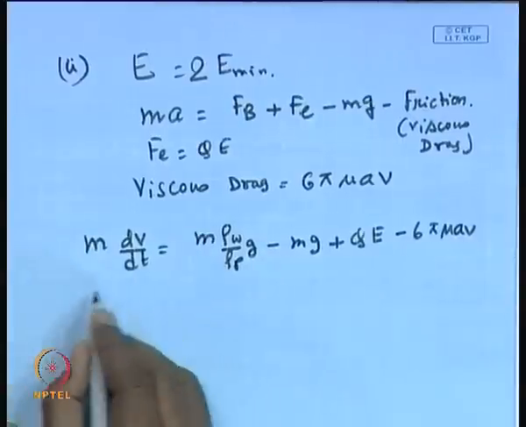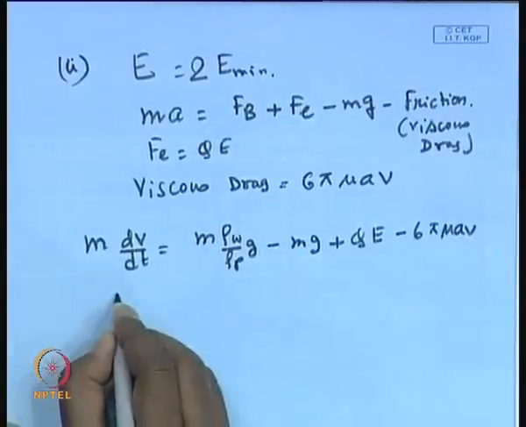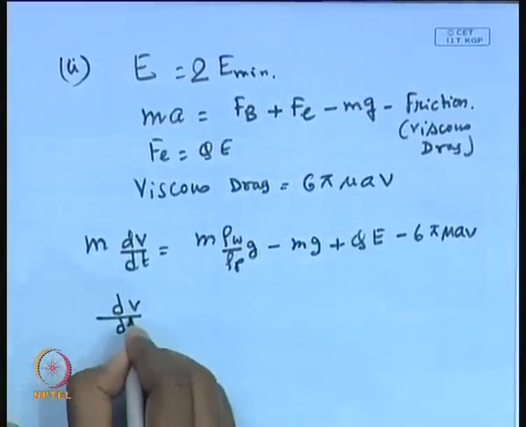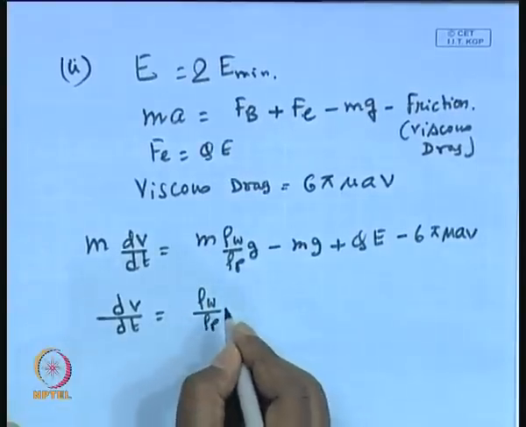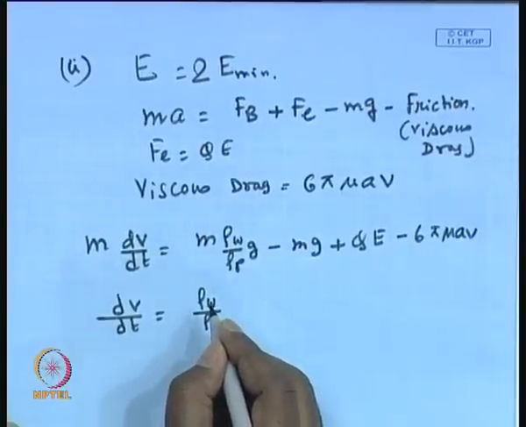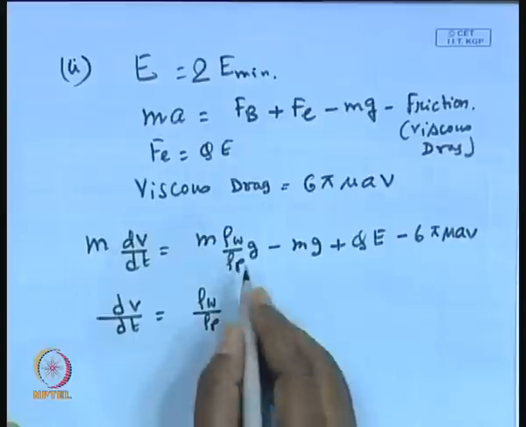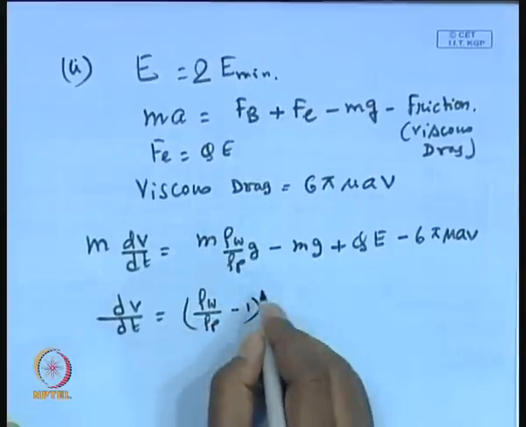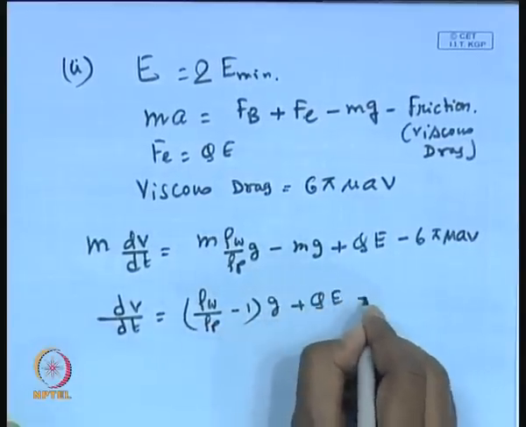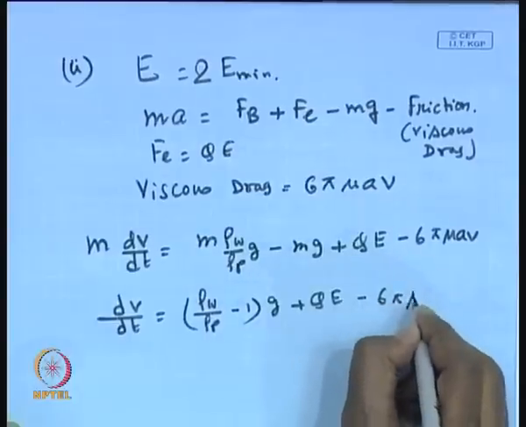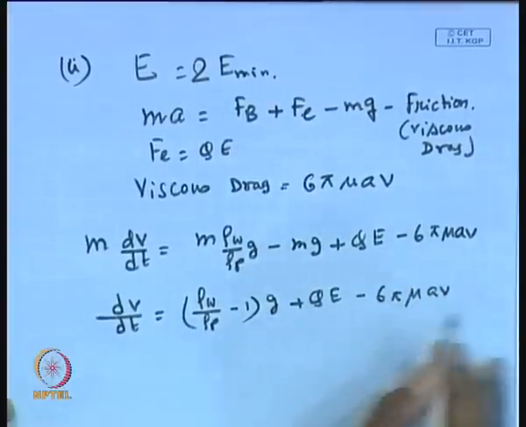Okay. So, you just simplify this equation and you will get dV dt is equal to rho w by rho p minus 1 times g plus q times E minus 6 pi mu A v, and this can be integrated.